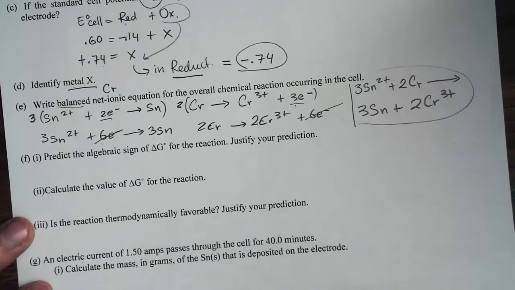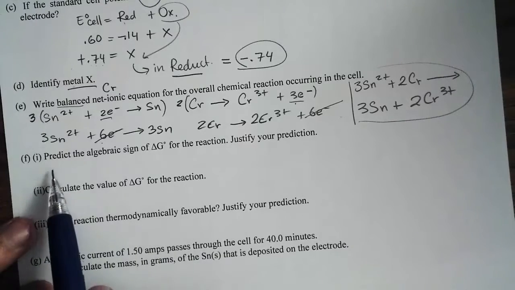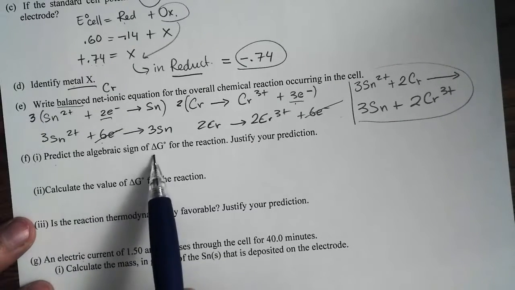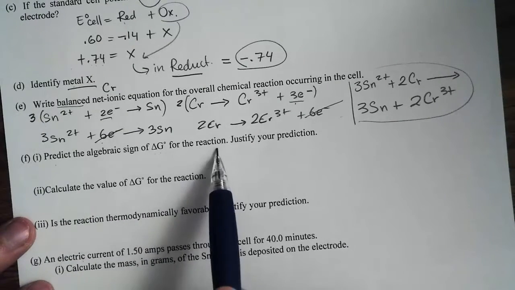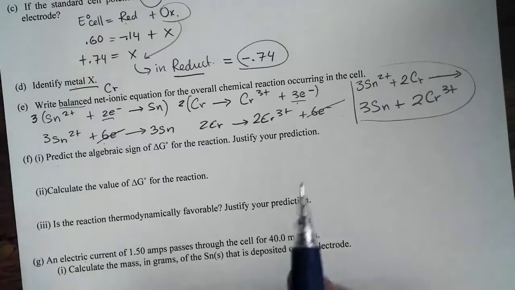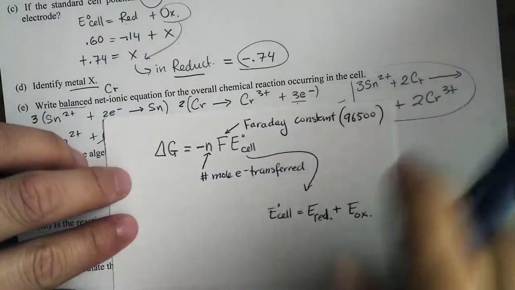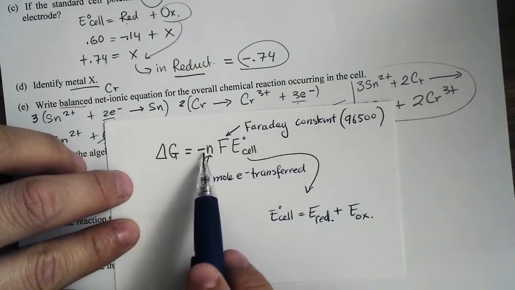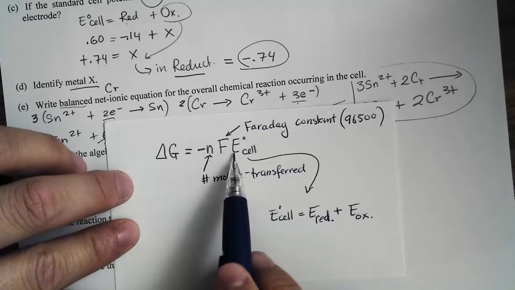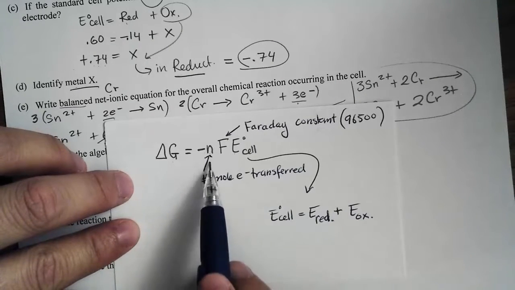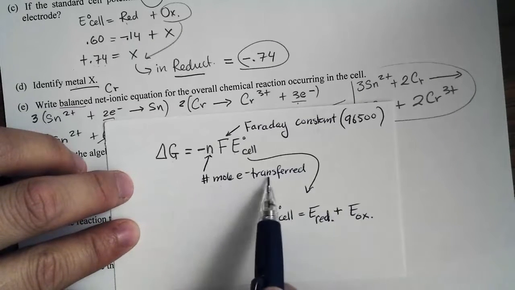And what's the next question? The next question is predict the sign of delta G for the reaction and justify your prediction. And if we do that problem, we have to realize what delta G is equal to. We know that delta G is equal to negative N F times E cell. And what's N? N is the number of moles of electrons being transferred.